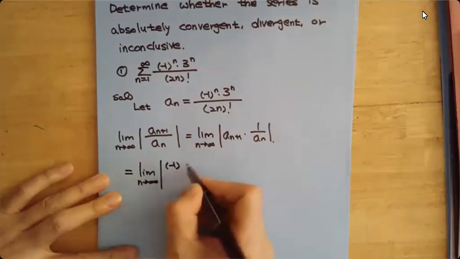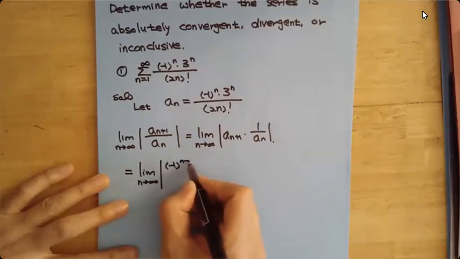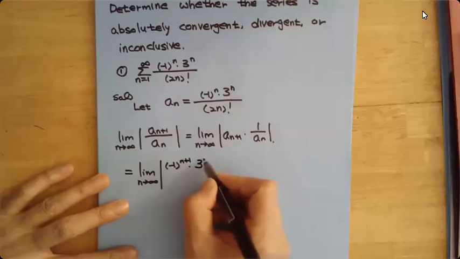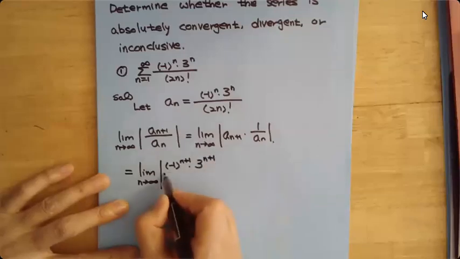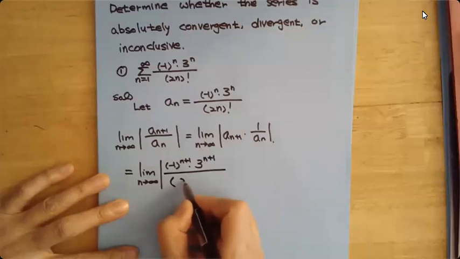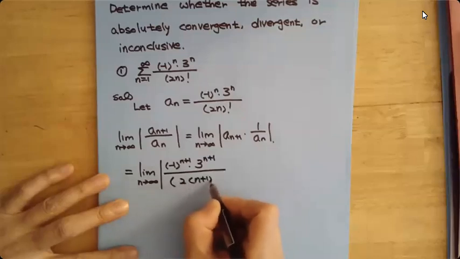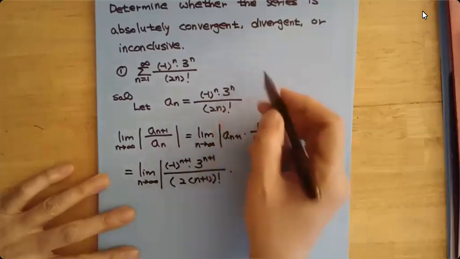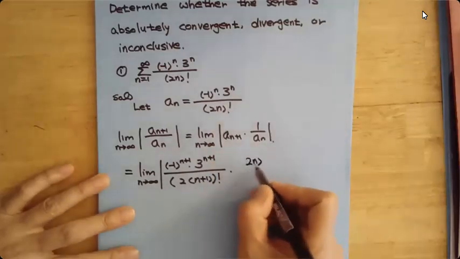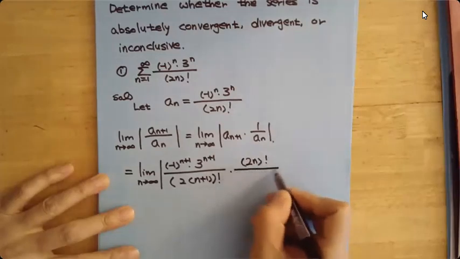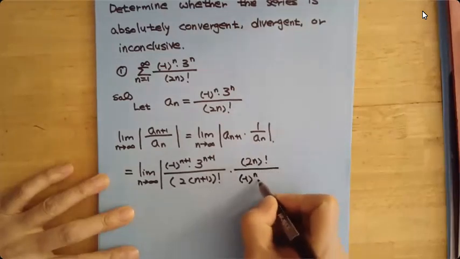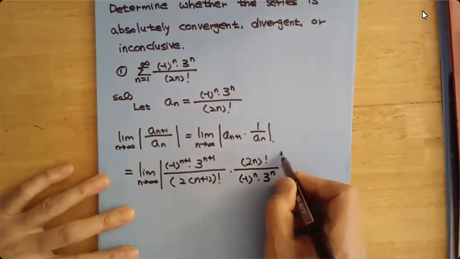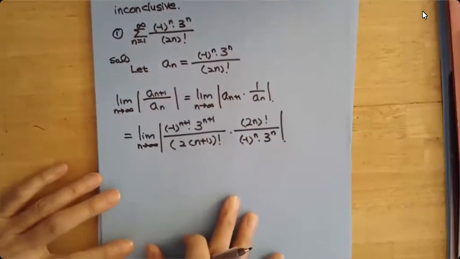So that is the limit as n goes to infinity of negative 1 to the n plus 1 power times 3 to the n plus 1 over 2 times n plus 1 factorial, times 1 over a_n, that is the reciprocal. So 2n factorial over negative 1 to the n power times 3 to the n power.